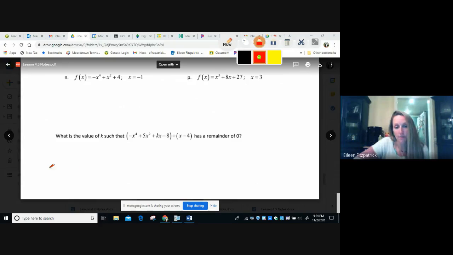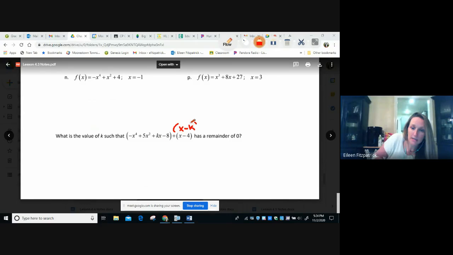If I set up synthetic division, because we're dividing by x minus a number, that's why I know I can use synthetic division, and the value for this problem is equal to 4. So I'm going to set it up. Here's my 4, and my coefficients are negative 1. Notice it's missing an x cubed, so I have that placeholder of a 0.